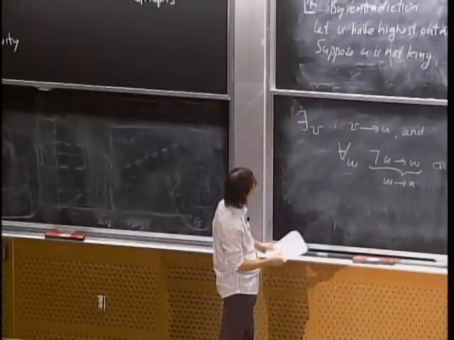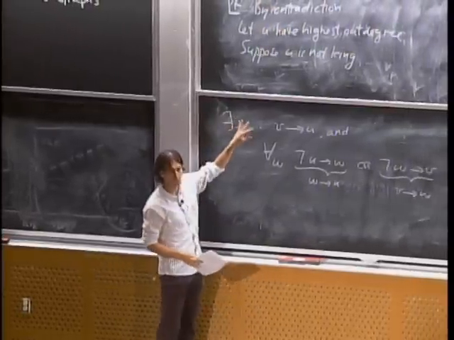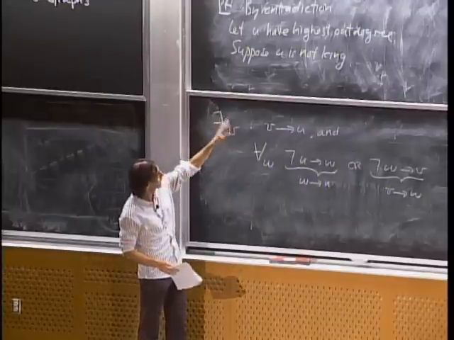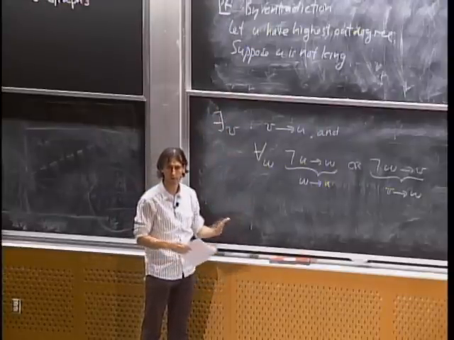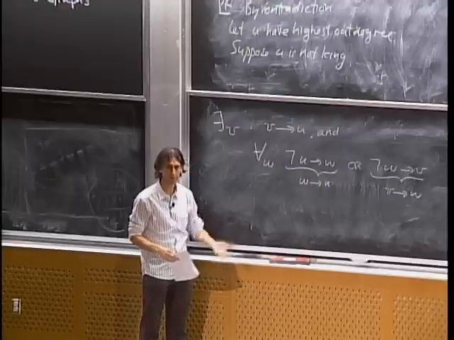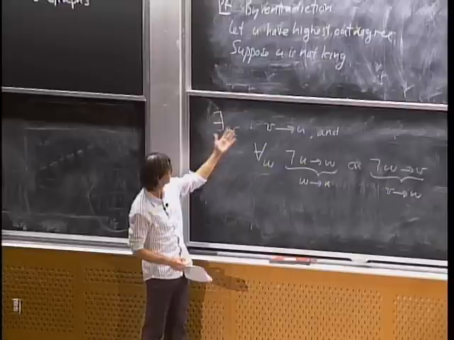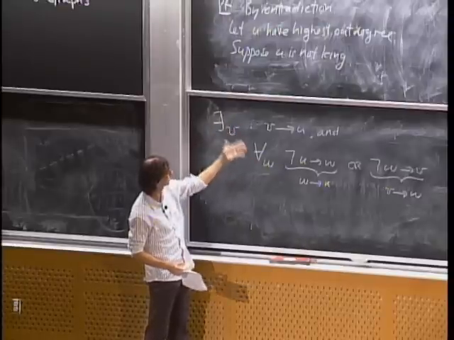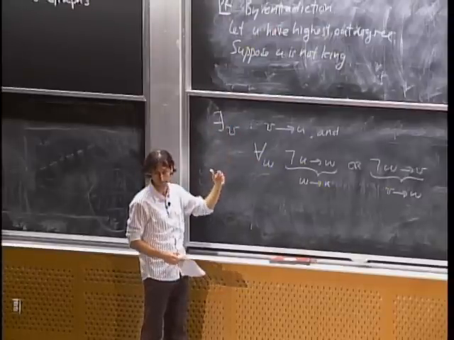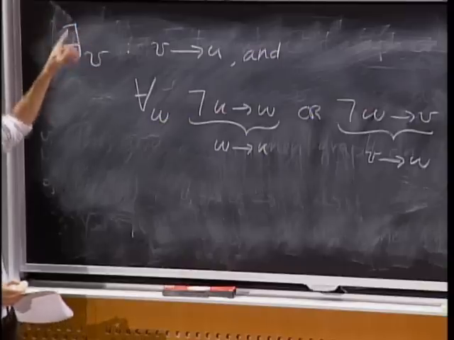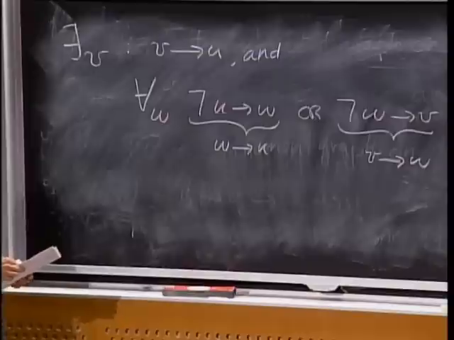If I use contradiction, and I suppose that U is not the king, I've assumed that U has the highest out degree. So I want to show that I somehow violate that. Somehow I'm able to construct some vertex V, and by negating that U is a king, it seems that this vertex V makes a really good candidate to show that it has a higher out degree than U. So let's see whether we can do this.